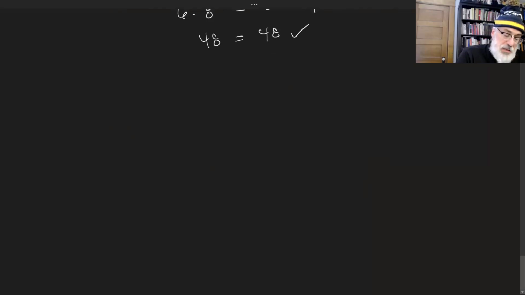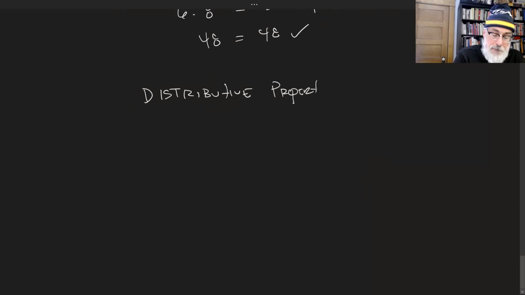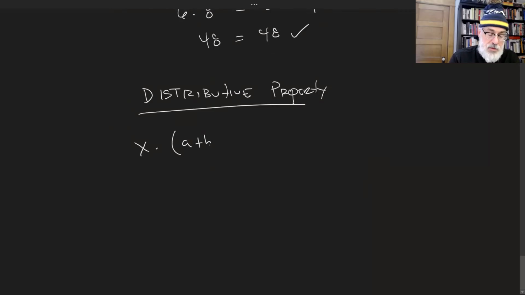Now let's look at something that we use a lot in solving equations and in simplifying expressions, called the distributive property. And the distributive property says that if I have a real number x, and I multiply it by the quantity of some sum, a plus b, this will be equal to x times a plus x times b, meaning we distribute x through the addition.